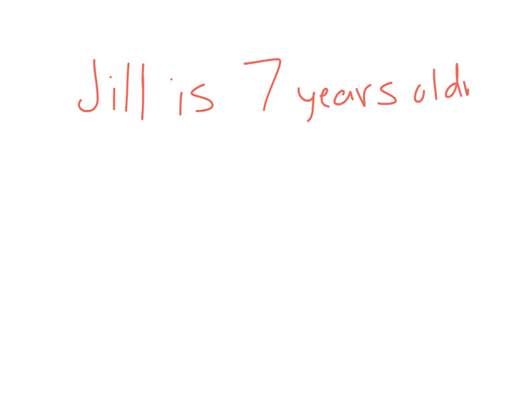So if I said something along the lines of, I want to use an example that's not what I'm looking at on the quiz right now, but something very similar. If I said Jill is 7 years older than Stacy.